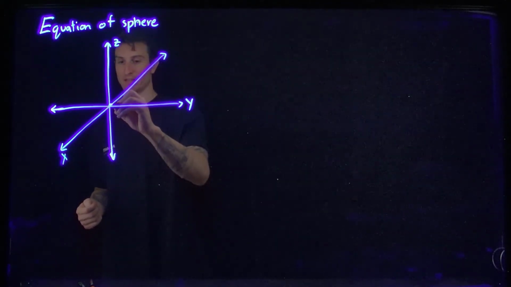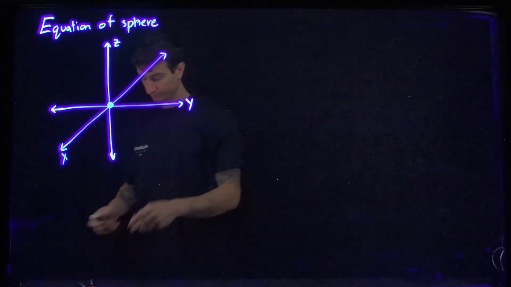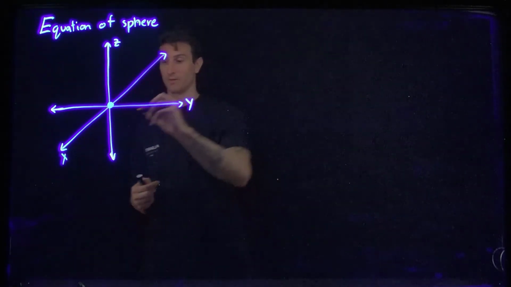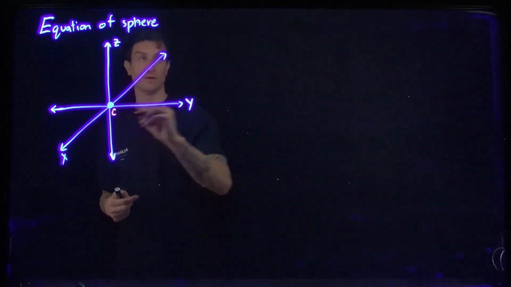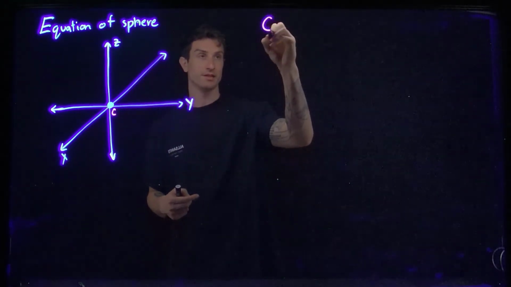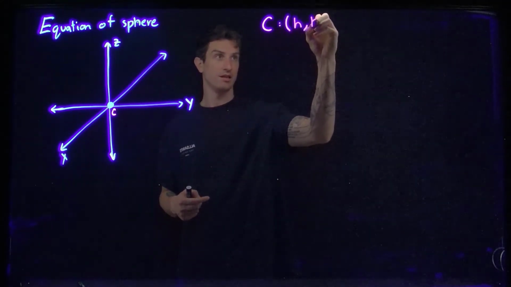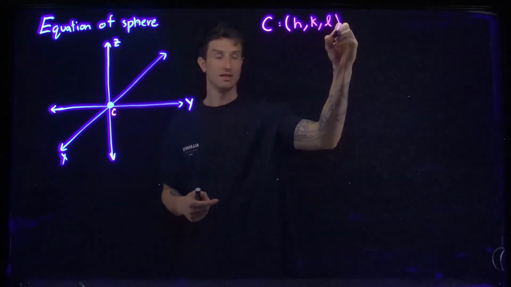I'm going to start my sphere at the center. We labeled the center; I'm going to label it C here. But C has the coordinates H, K, and L as the center.